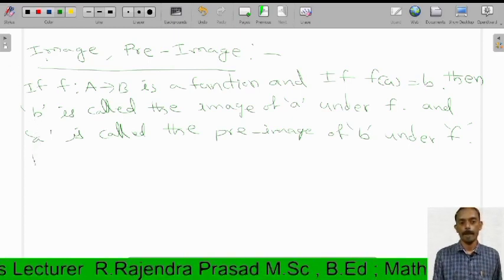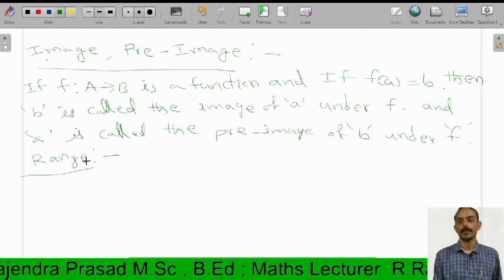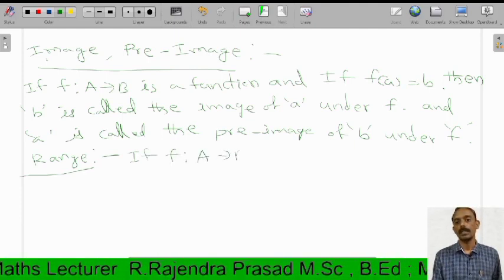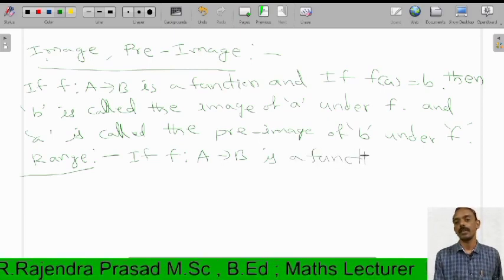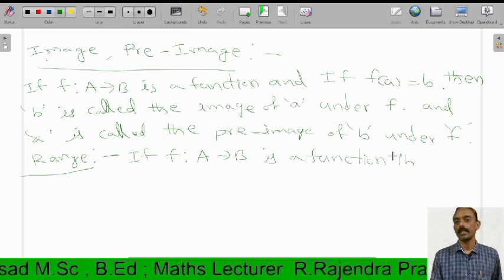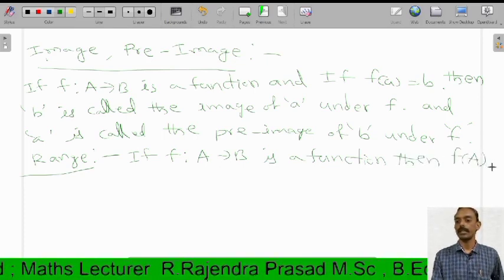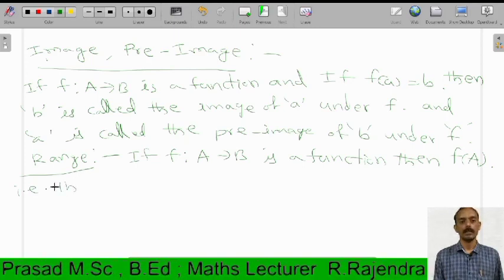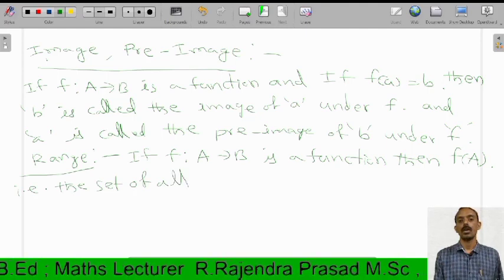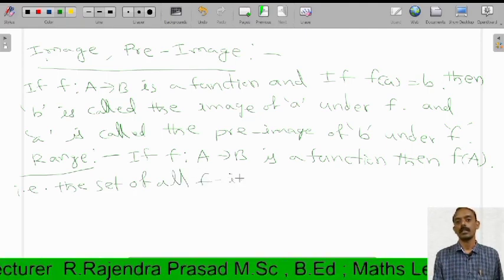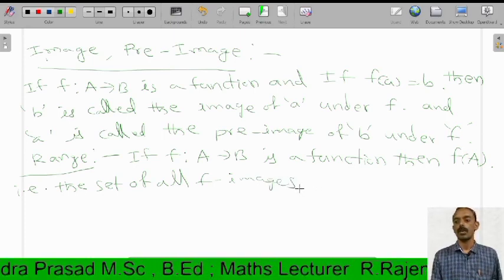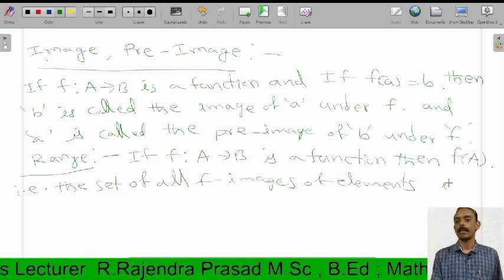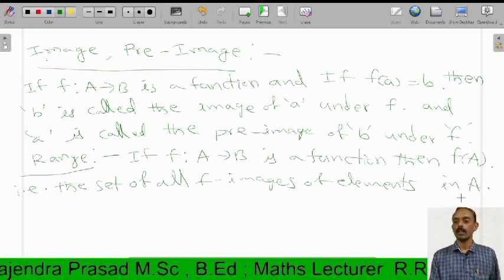Range. If f from A to B is a function, then f of A, that is the set of all f images of elements in A, is called the range of f.